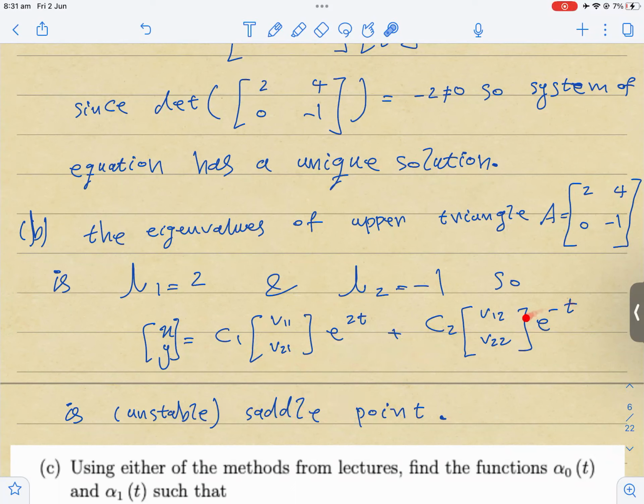So in one way, some way, it is tending to 0, and in the other routes, it goes to infinity. It escapes from the critical point. It's a saddle point.